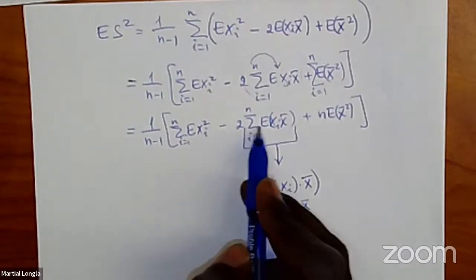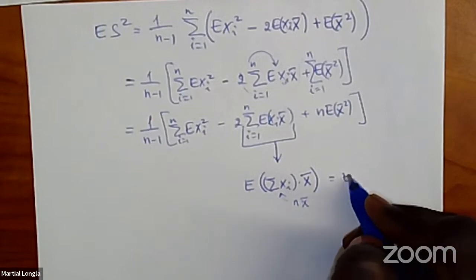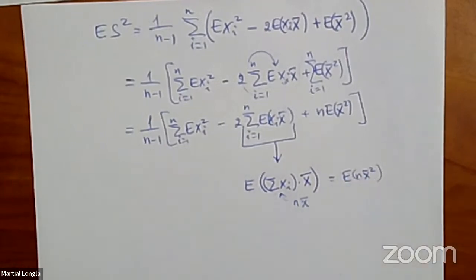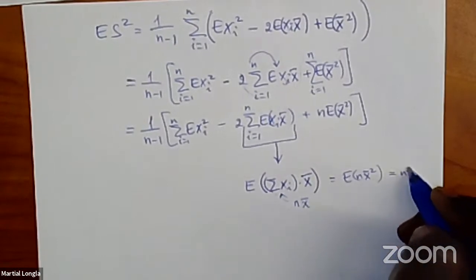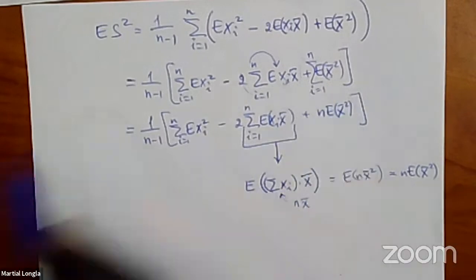So the whole thing that you have there, expected value, is actually nothing but expected value of n x bar squared, which is nothing but n times the expected value of x bar squared, which is exactly the same quantity that is here.